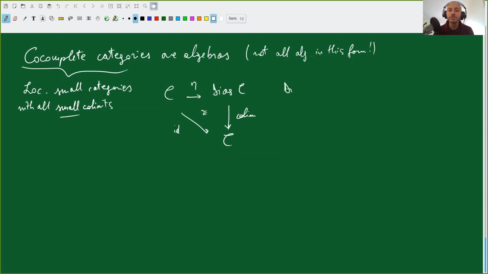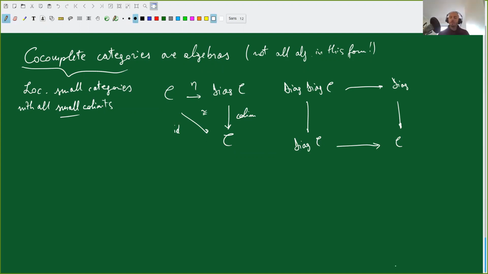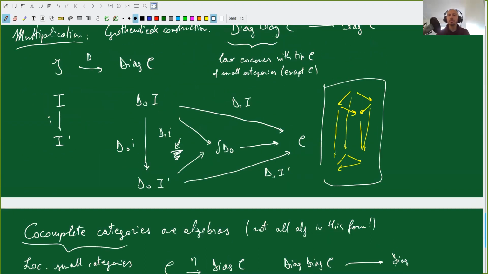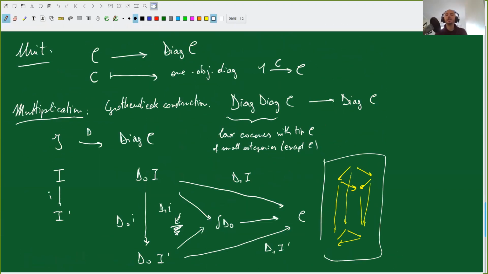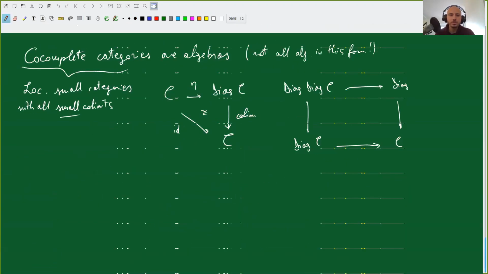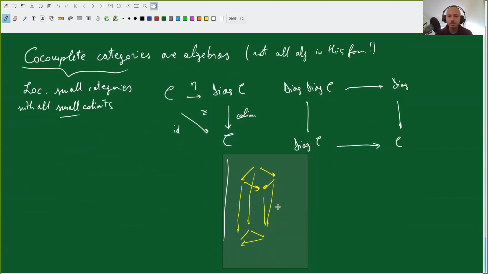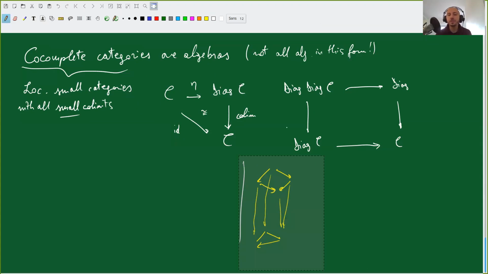And more interestingly, the multiplication diagram is some kind of Fubini theorem for colimits, but of a very general type. So basically, let's go up here again. If you have these two diagrams which are connected, then you can either take the union and form this big diagram, and then take a colimit of that.